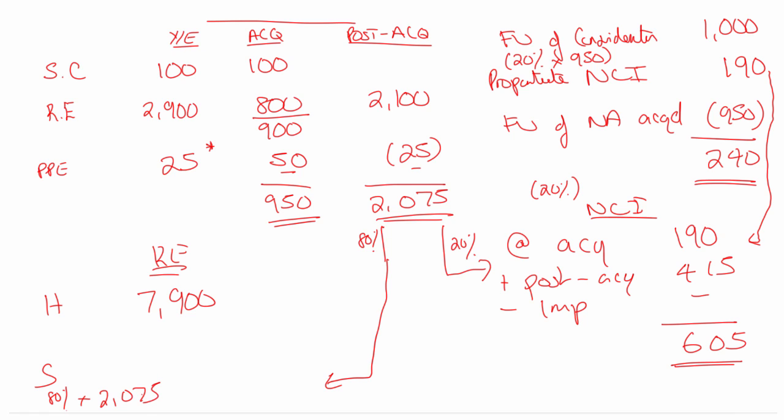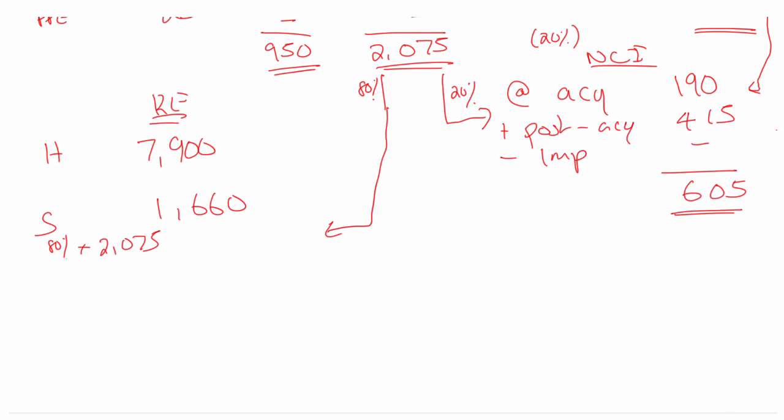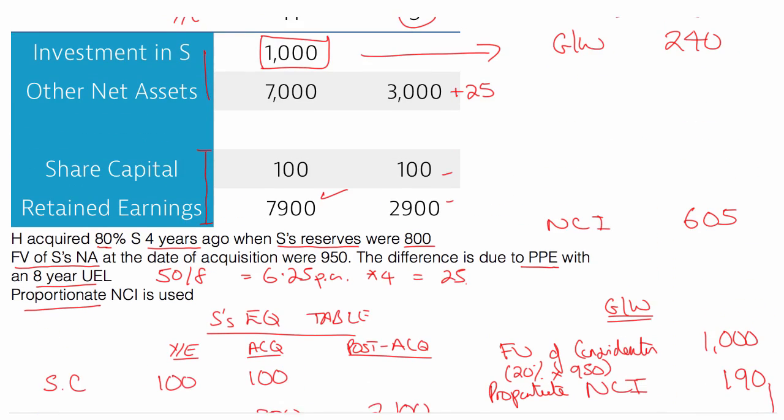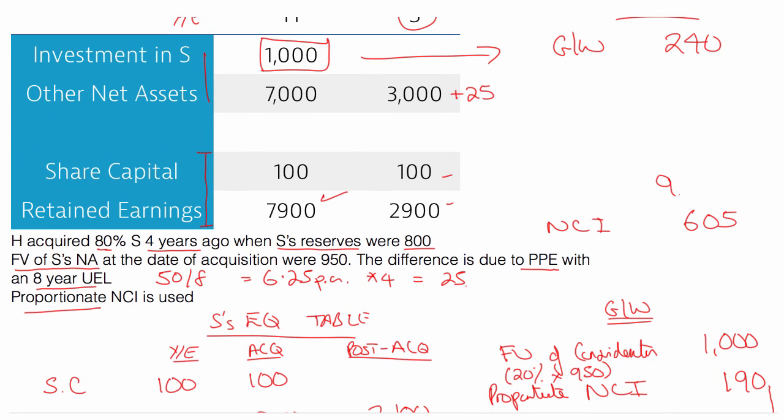So 2,075, put that in my calculator, times by 0.8, and I get 1660. I would take off any impairment if there was any, but there wasn't. So it's just a case of adding that up then, plus 7,900, that equals 9560. So I can put the 9560 now into retained earnings, and I'm pretty much there.